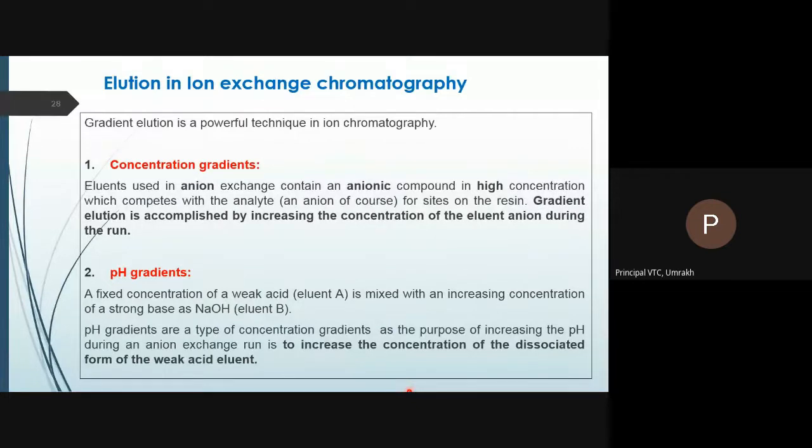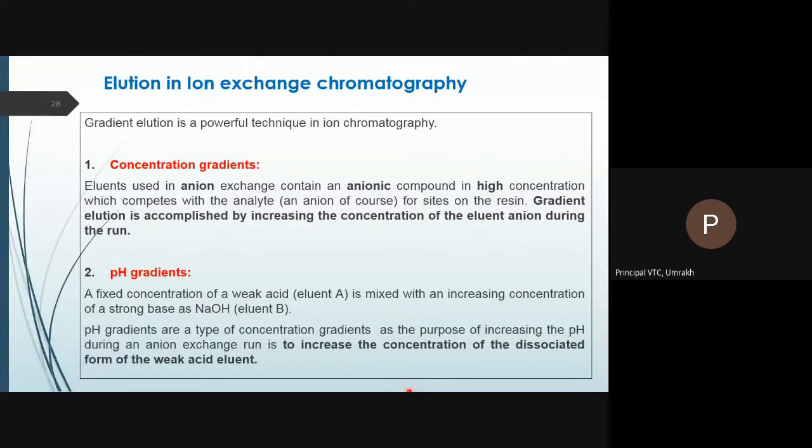In isocratic elution there will be a fixed composition of mobile phase. Suppose your mobile phase composition is water and methanol in a ratio of 50-50 throughout the chromatographic run. That composition will remain the same in isocratic elution, while in gradient elution the composition will be changing.